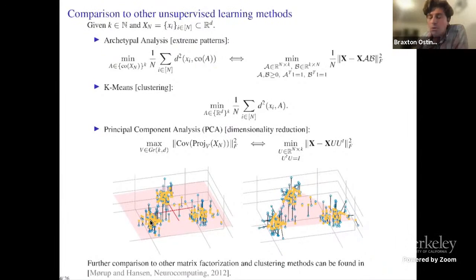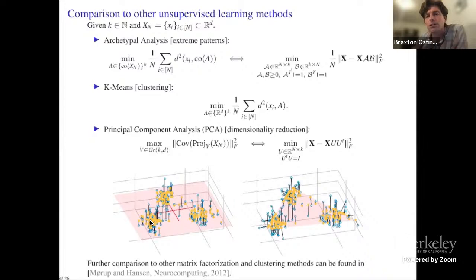In terms of principal component analysis, which is used for dimensionality reduction, it's also closely related, and it's easier to see that from the algebraic formulation. In PCA, you can also write it as a matrix factorization problem where U has orthonormal columns, and instead of using orthonormal columns, you have these non-negative matrix conditions.